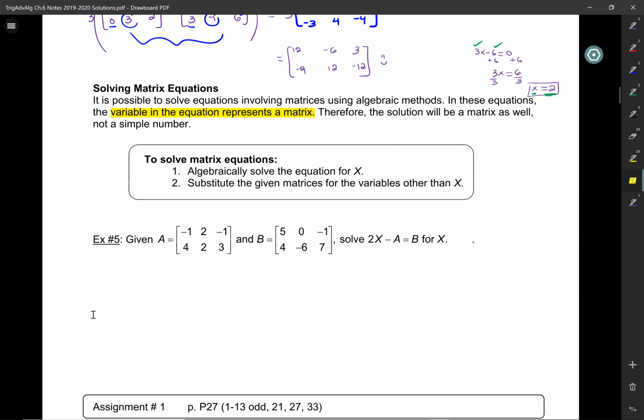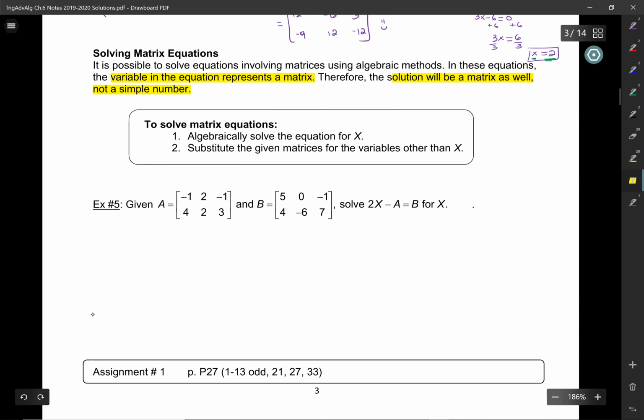So the solution will be a matrix, not a simple number. Okay, how do we solve matrix equations? First, just use algebra to solve for x. Notice that's a capital X. That's not a typo. Capital X stands for matrix X. That's not a number, that's a matrix.